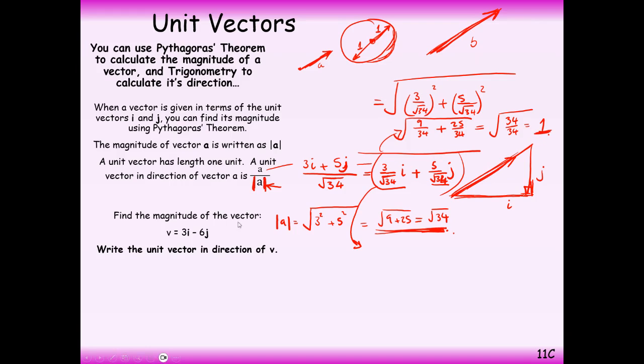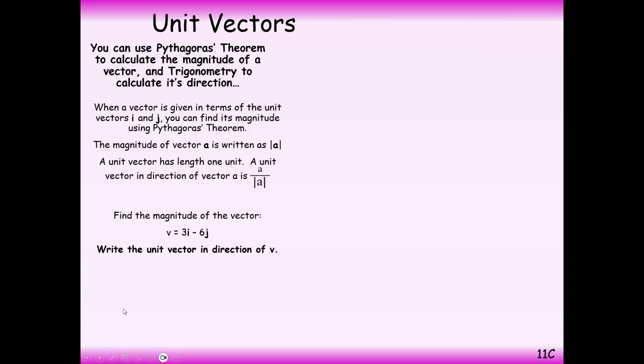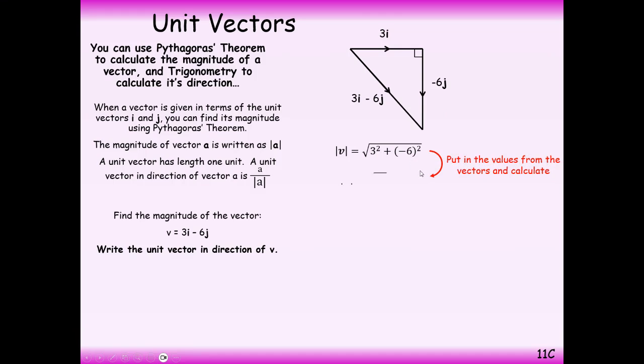Let's wrap this up and I'll show you an example with the vector 3i minus 6j. I purposely used different values just to show you it works no matter what. Its magnitude is the square root of 9 plus 36, which is 45.